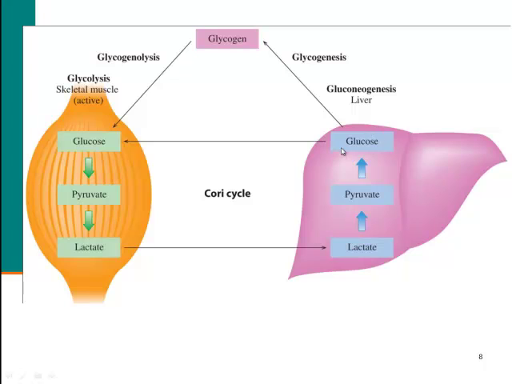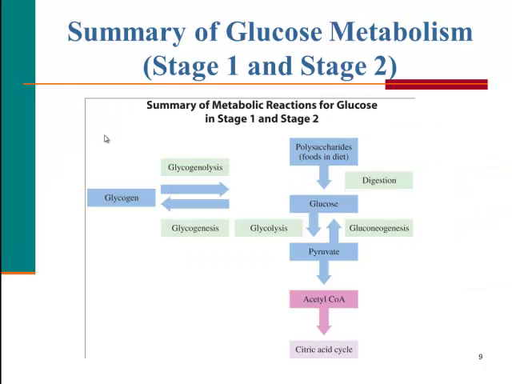Or if there is adequate glucose in the blood, that glucose can then be stored as glycogen. Remember that glycogen storage can occur either in the liver, which is used for delivery of glucose into the blood for all tissues, or glycogen can be stored in the muscles for muscle contractions at a later time.